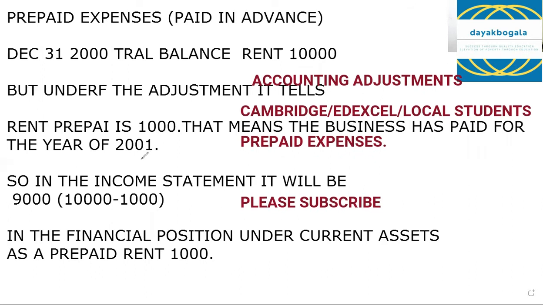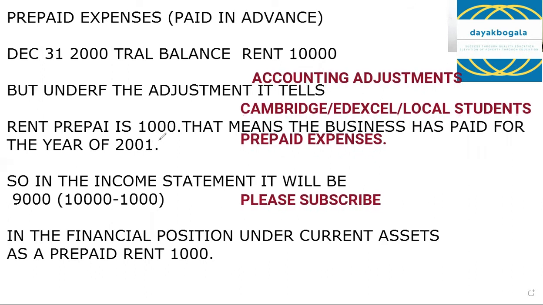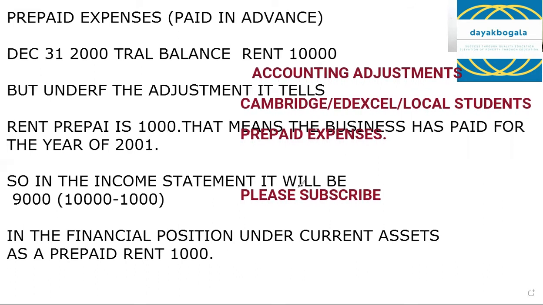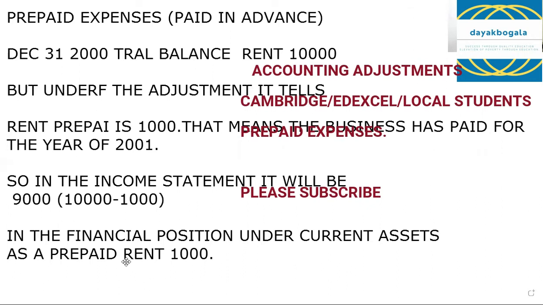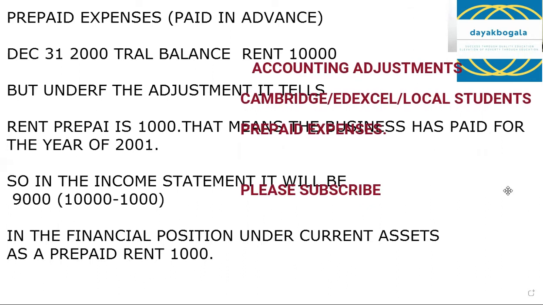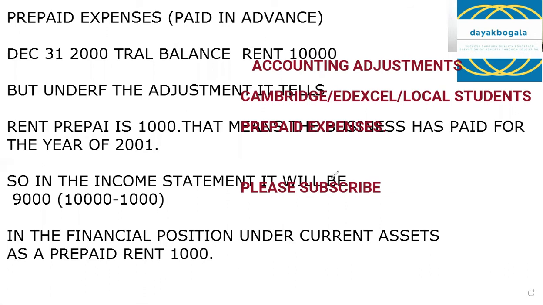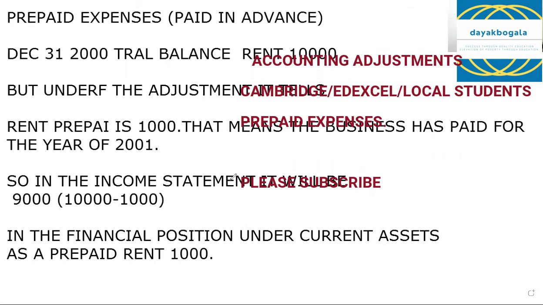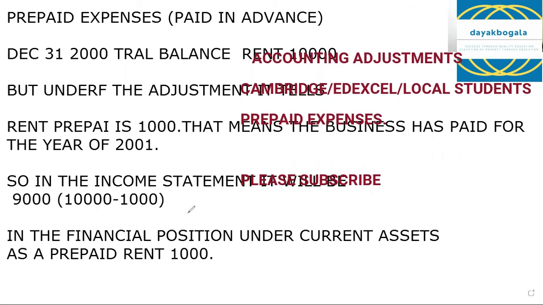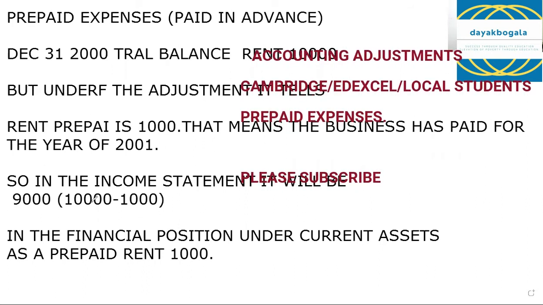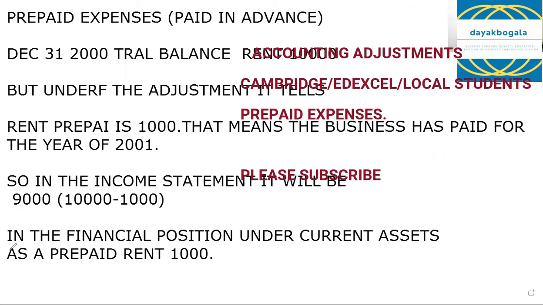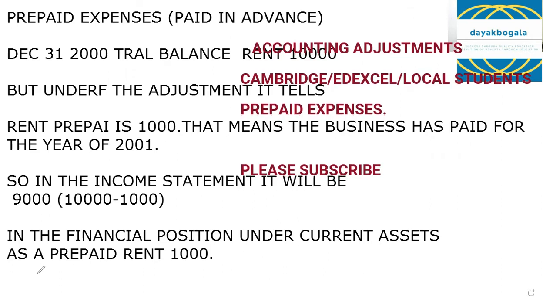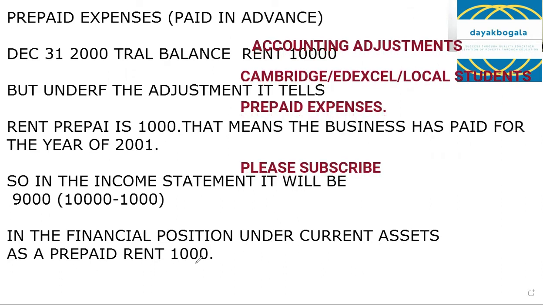Being accounting students, to do the correct adjustments, you should be able to do them under the income statement and the financial position. In the income statement, you have to subtract 1,000: 10,000 minus 1,000 will be 9,000. In the financial position, under current assets, you put prepaid expenses, rent 1,000.